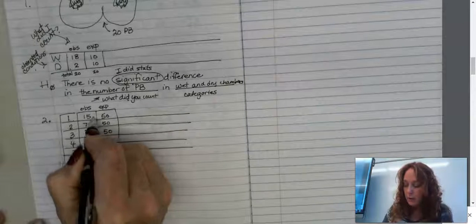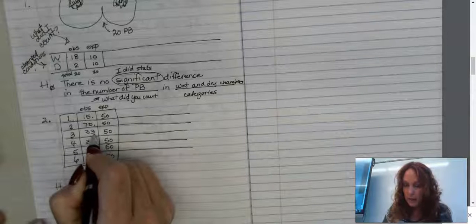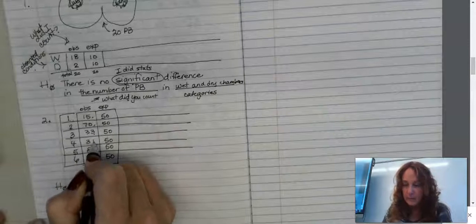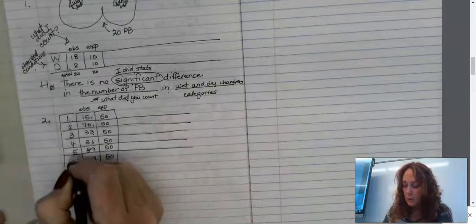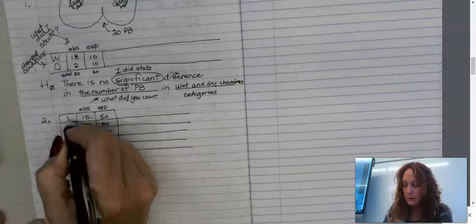I counted the number of rolls, right? The number of times that we got this, and what categories. The categories are the numbers on the die.